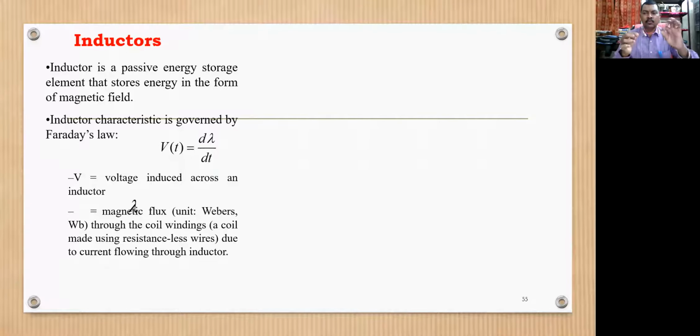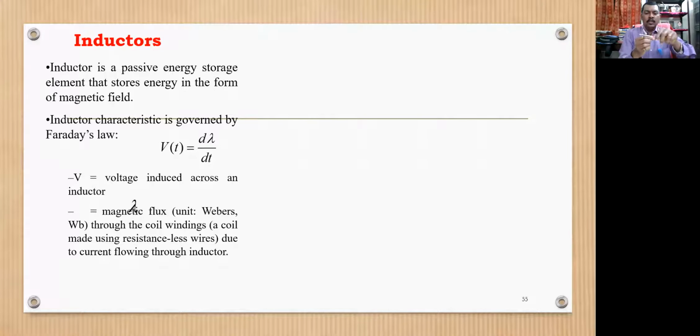So I'm taking the same wire, a single wire, and what I'm trying to do is make a coil of this. I will just rotate it on some portion like this.